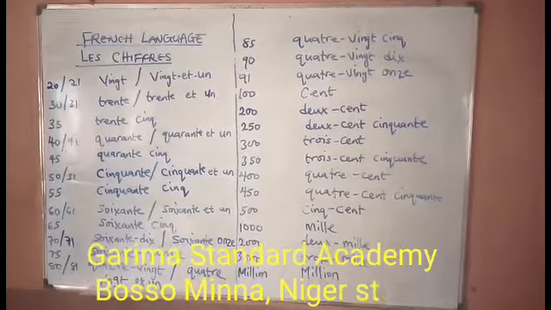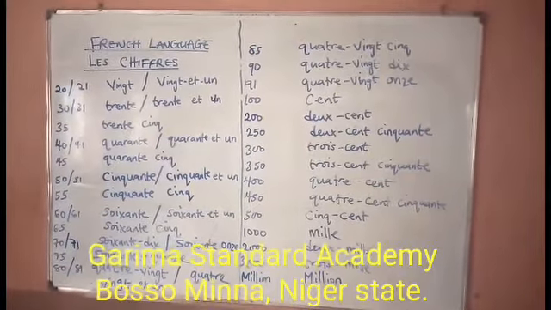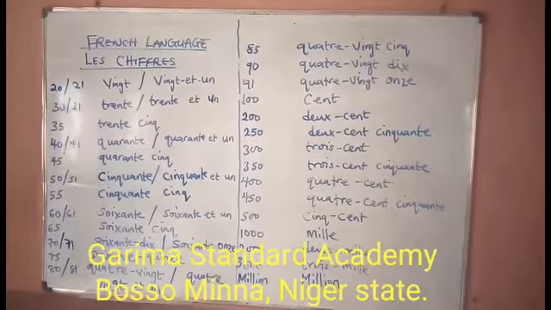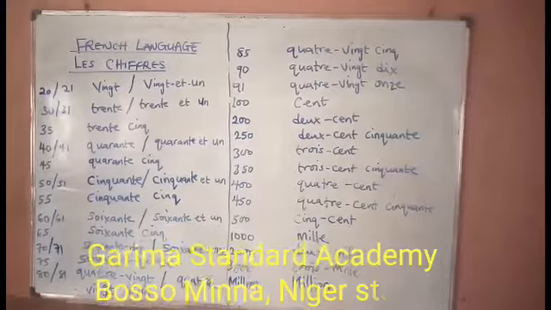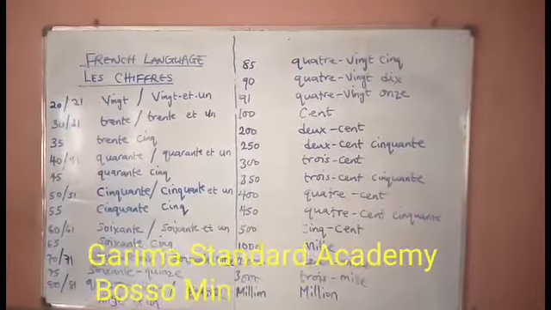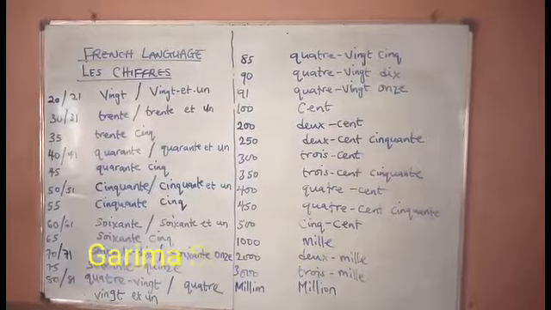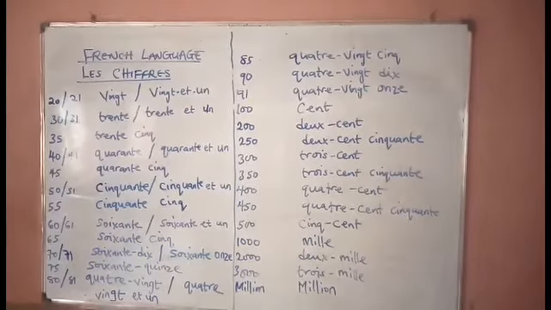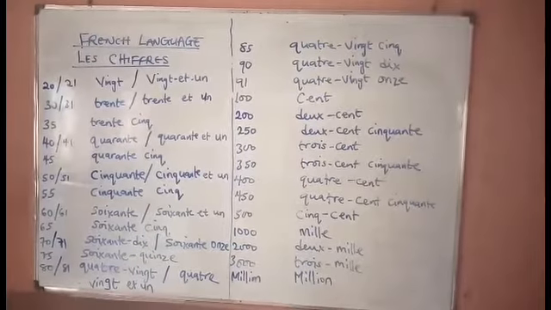Now the 20 is written on the board as 20. In 21 we have 21, and it runs like that: 21, 22, 23, 24, 25 till 30.